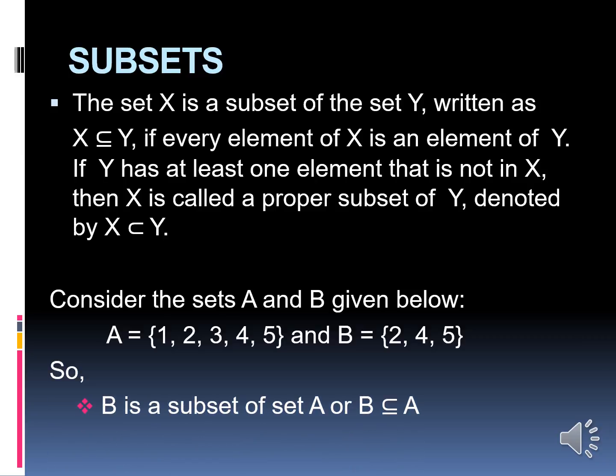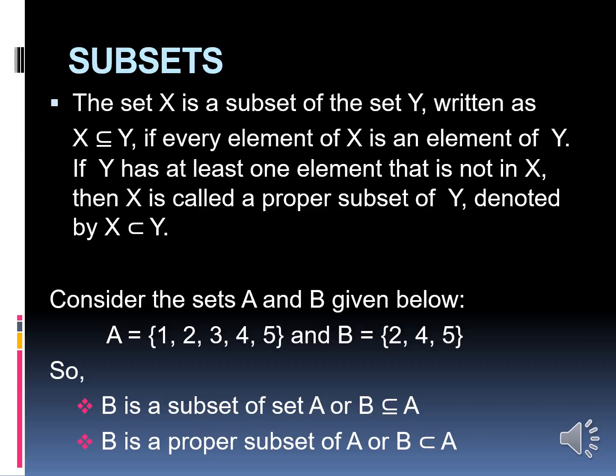So, B is a subset of set A, or by symbol, we say B ⊆ A. Also, B is a proper subset of A, or B ⊂ A by symbol.